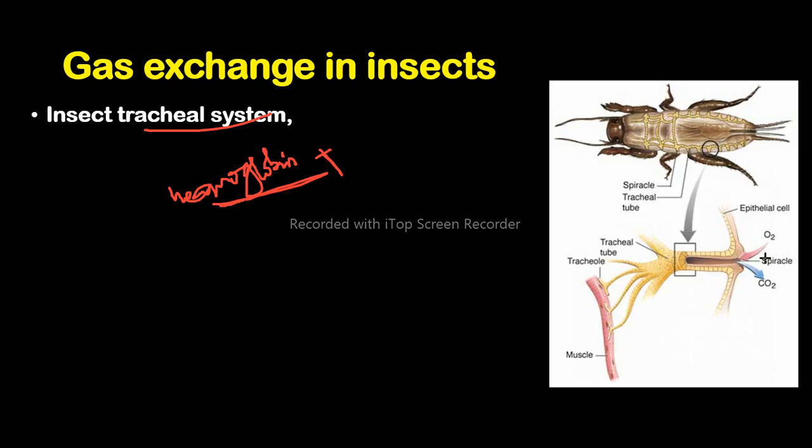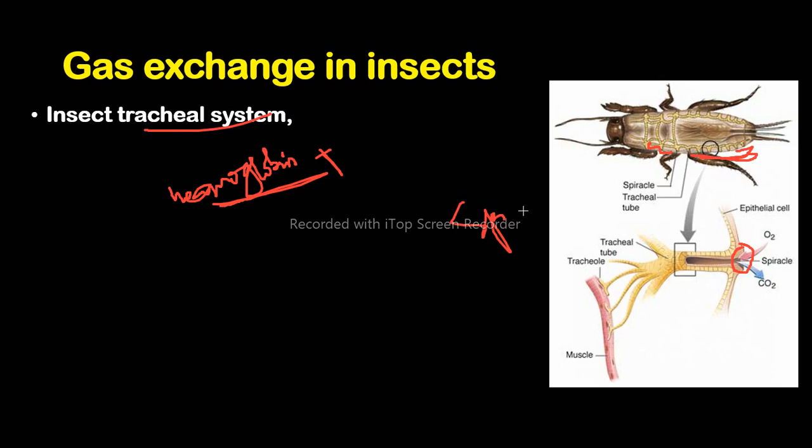So if you have a look at this, you have openings on the lateral side, three in the thoracic region, and then on each segment you have openings, and these openings we refer to as spiracles.